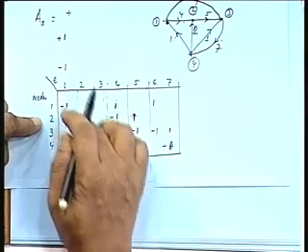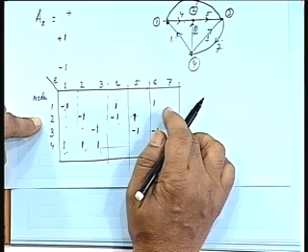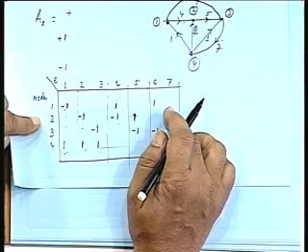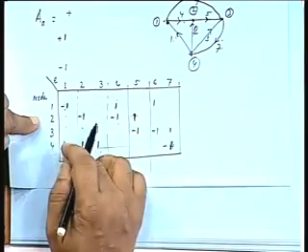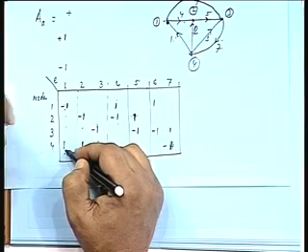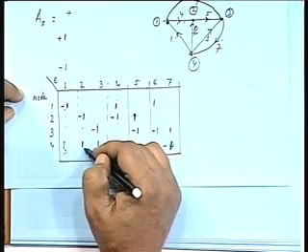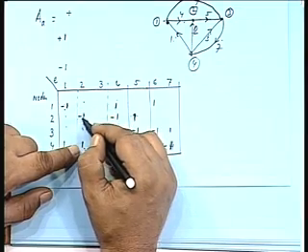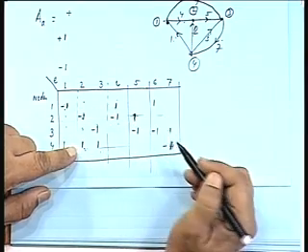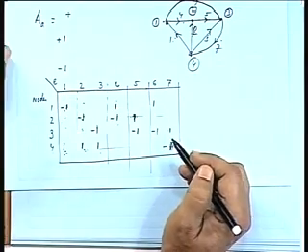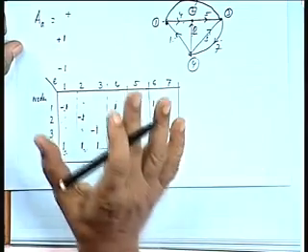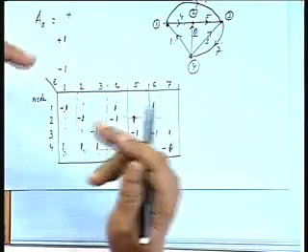If I give you 1, 3, 4, you can always generate row 2. Total sum has to be 0. So -1 and +1 is already 0, so it will be 0. Here it is only 1, 0, 0, so this will be -1. So I can always generate row 2 even if it is not given. So information of row 2 is contained in 1, 3 and 4.